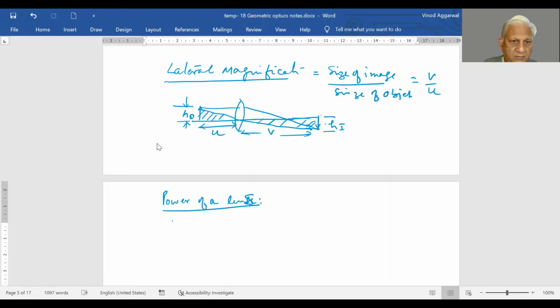Because power of a lens is defined as the reciprocal of focal length in meters. For example, if the focal length of a lens is 20 centimeters, then its power will not be 1/20, but with units in meters, it will be 1/0.2, and the units of power are diopters, or in short, we write 5D.